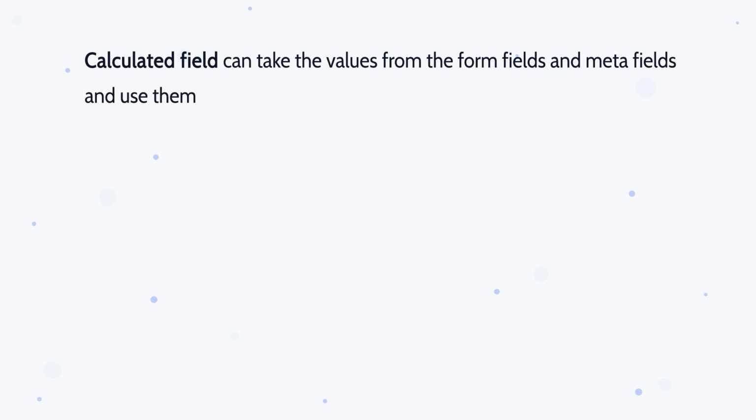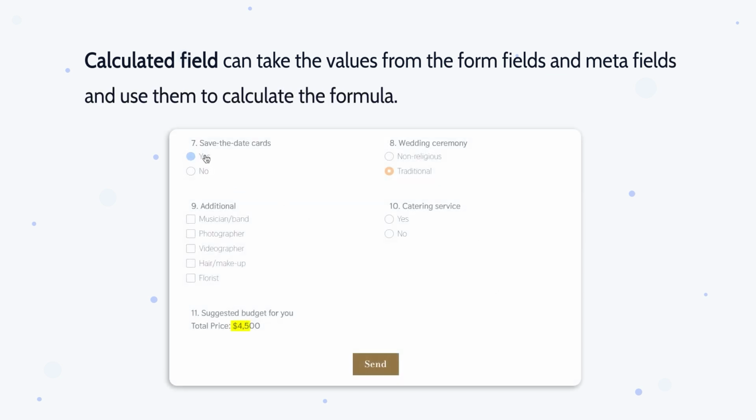So, let's get started. With JetFormBuilder, you can create forms with calculated fields, and its values will be dynamically calculated based on the other fields' values. The formula can be of any complexity. If you write it to the formula text area correctly, the field will be able to calculate it.